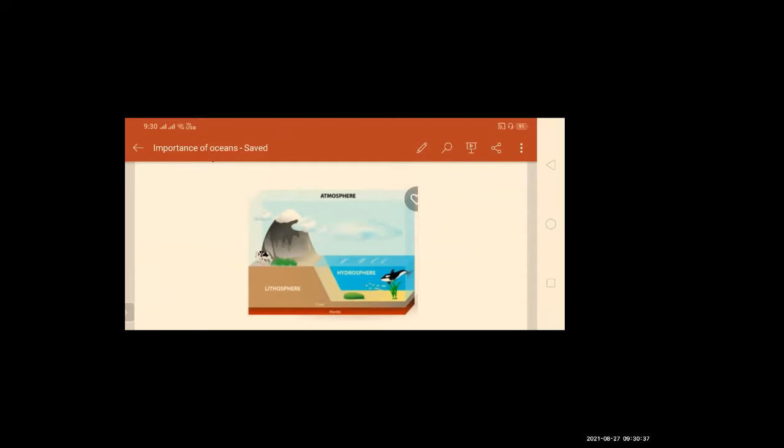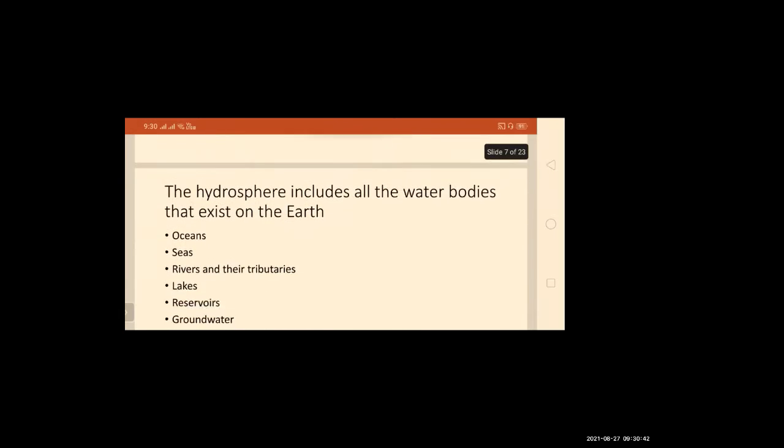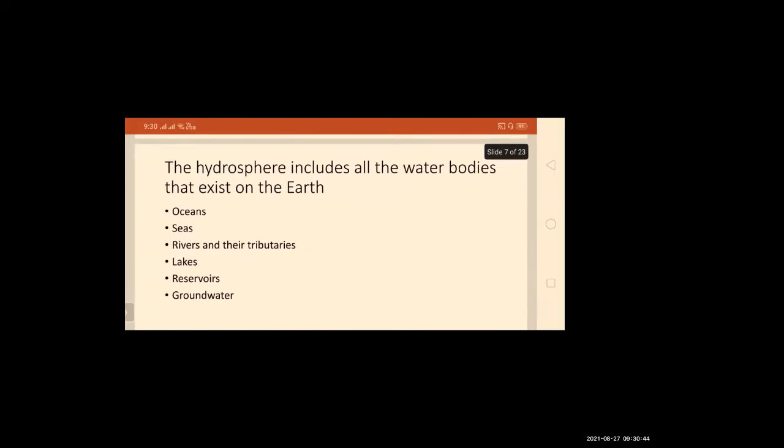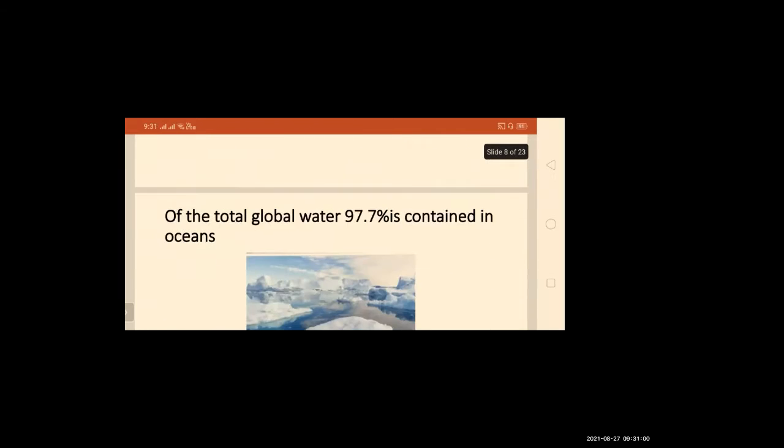The living things are also present inside the hydrosphere, and all the water bodies present on the earth are included in the hydrosphere only. These water bodies mean oceans, seas, rivers, lakes, groundwater, reservoirs, etc. Okay, this was the first point.